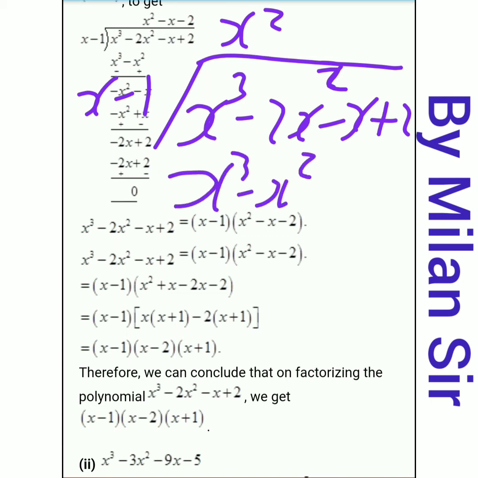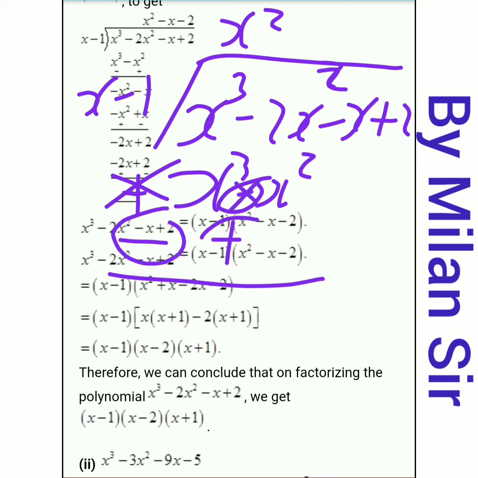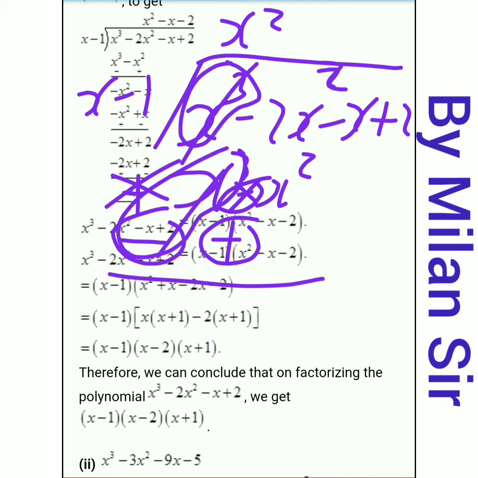Now we need to use the subtraction process. The subtraction process always changes the sign. So this plus x cube becomes minus and this minus becomes plus. Now we do not need to consider the old sign, we only consider the new sign. Here plus x cube minus x cube cancels. That's why we put x square here, because we try to cut our first term.